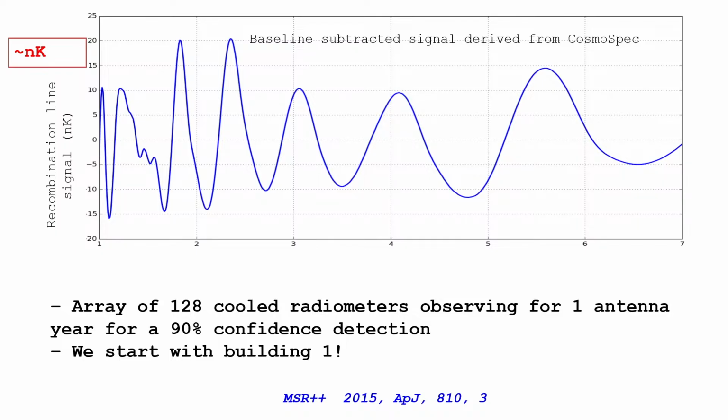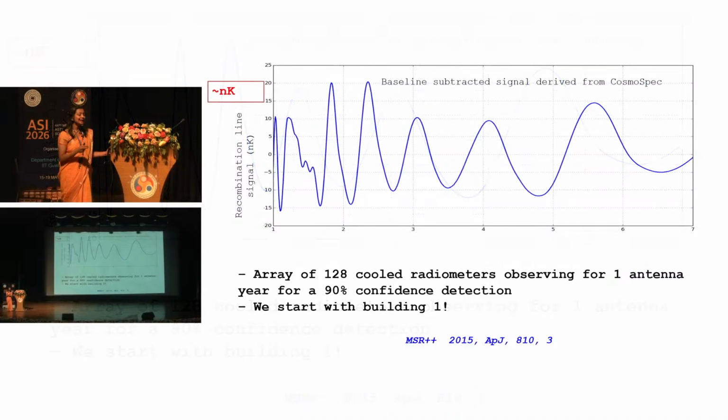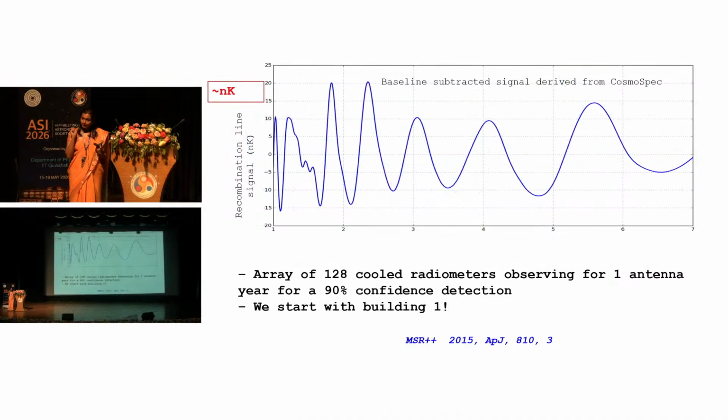Our feasibility study again shows that you need an array of antennas with absolute temperature calibration. We need about 128 antennas with cooled radio receivers observing the sky for about 1 year to be able to make this signal detection. And this signal has never been detected before. So we go about this experiment by building the first such element.